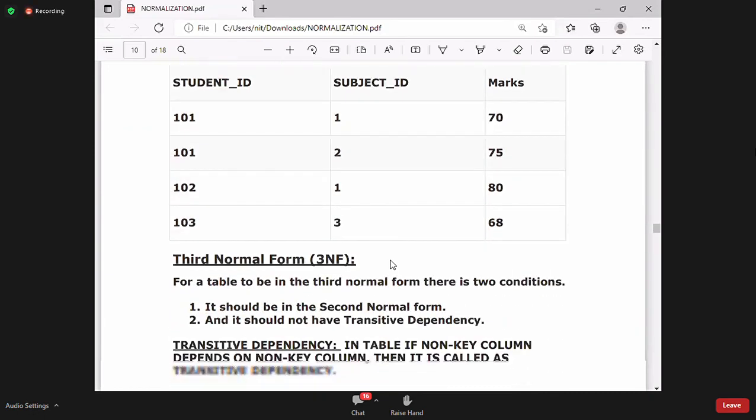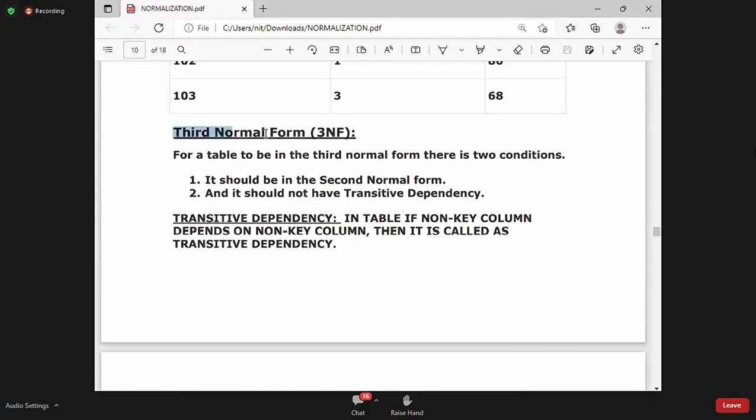And the next one is called what? The third normalization technique. So what is the third normalization technique, and when is your table said to be in third normal form? Observe. Third normal form again says two conditions should be satisfied. The first condition is that it should be in second normal form. That means whatever second normal form conditions we said should be applied: there is no partial dependency column.